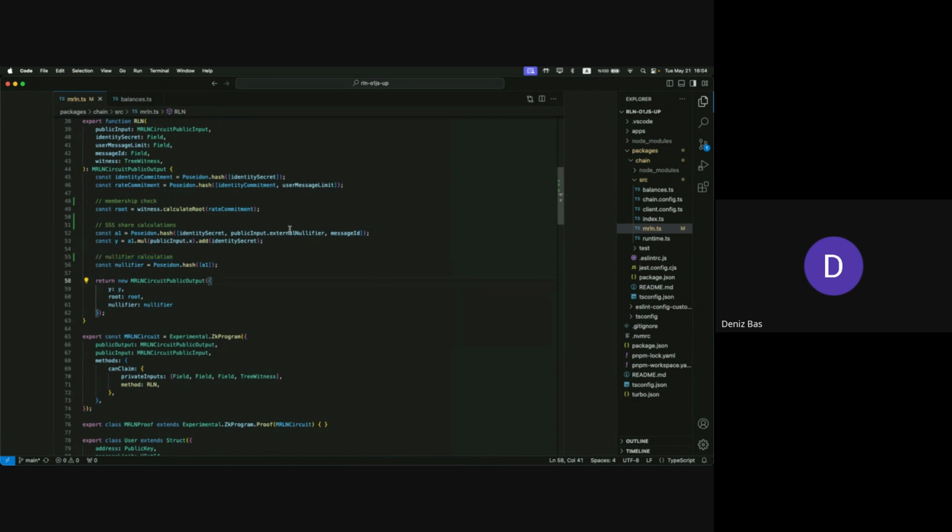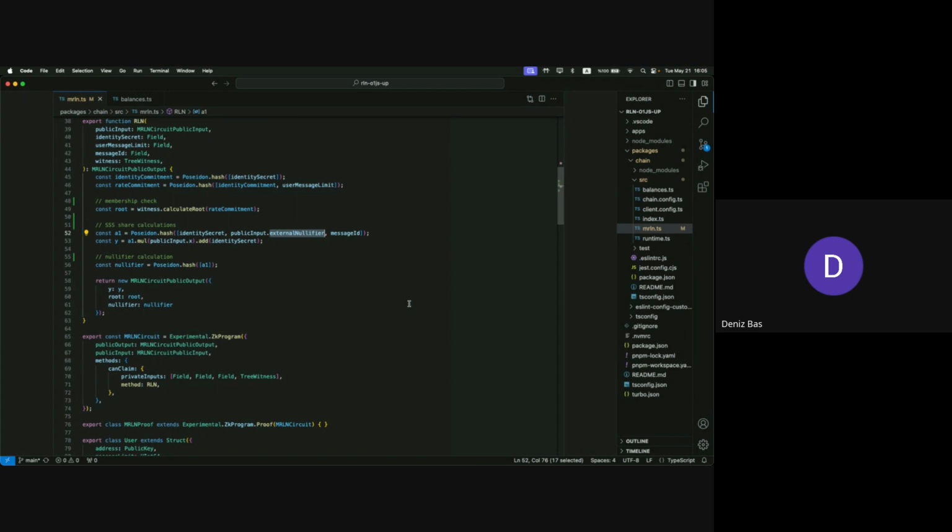Here you can see the external nullifier, which is the Poseidon hash of epoch and the RLN identifier. The RLN identifier is a random finite field value, unique per RLN application.